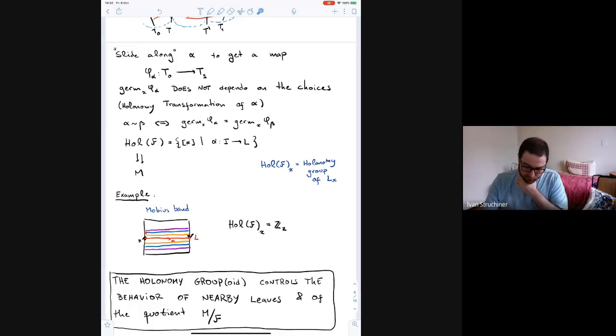And if you go around once along this leaf, you're going to hit this point, and so on. But if alpha is the path which goes around twice, then you're going to come back at the identity map, right? So the holonomy group of this leaf is just Z_2. The holonomy transformations are just reflection around the point x. Is this example clear? Does it illuminate things for you guys?